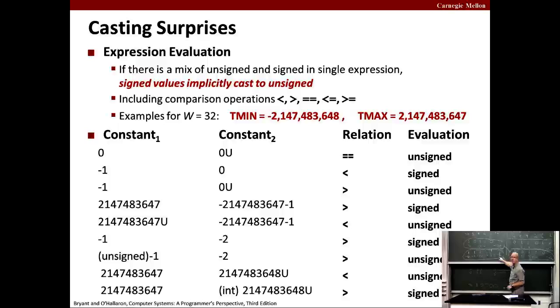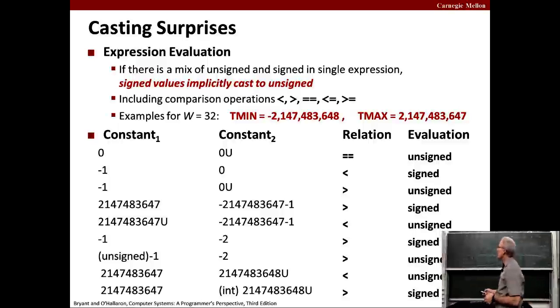I'm turning it into the largest number I can represent. And so it will be greater than 0. So it's a little bit weird to think about. I took an unsigned 0, which after all is just 0, and compared it to a -1, and it said, oh, you really meant 31, didn't you? Or whatever word size we're using. And so it said it's greater. And basically the rest of these you can answer in a similar way.